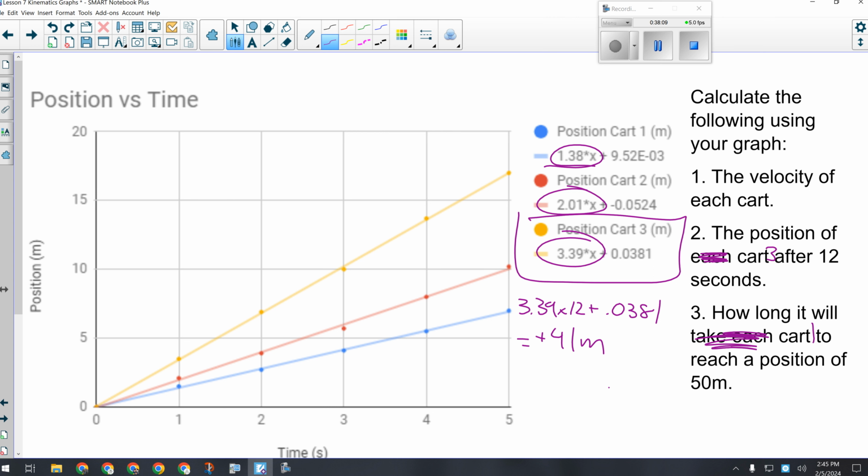Okay, and then for question number 3, how long for cart 1 to reach a position of 50 meters? Okay, so x equals y minus b over m, right? For cart 1, that's going to be 50 minus 9.52 times 10 to the minus 3, that's what that means, okay? And then divide that by 1.38.